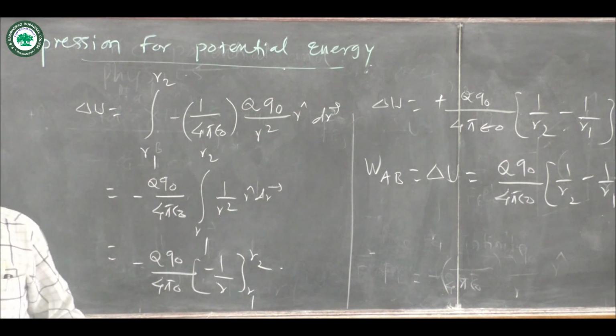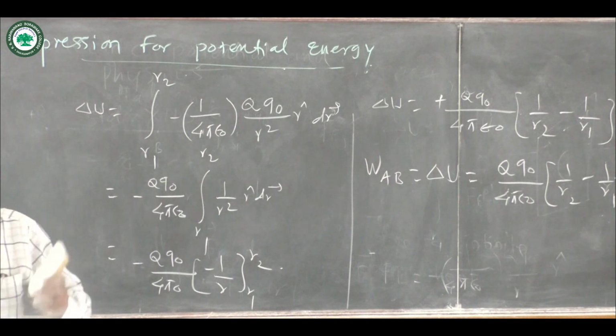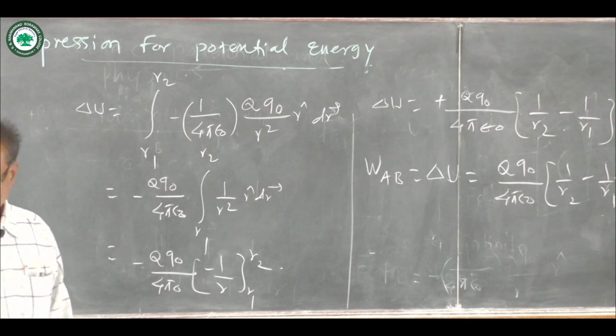Thus, the potential energy of the system of 2 point charges Q1 and Q2 separated by distance R can be obtained.